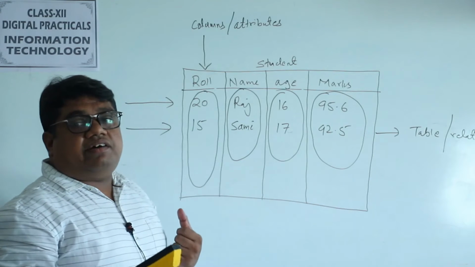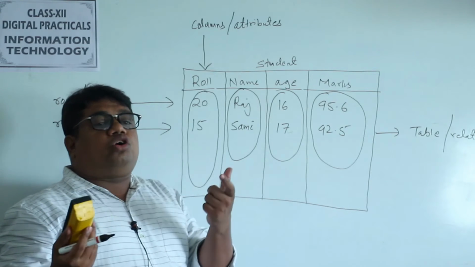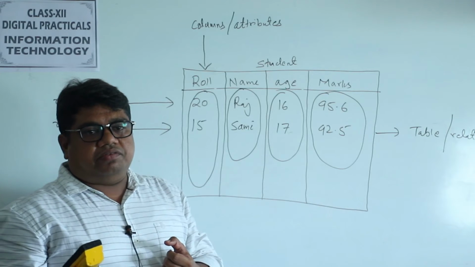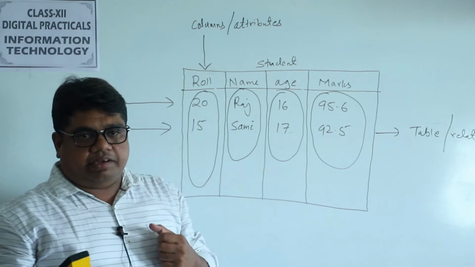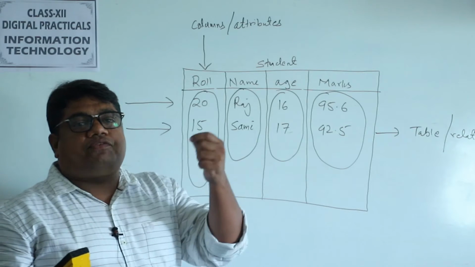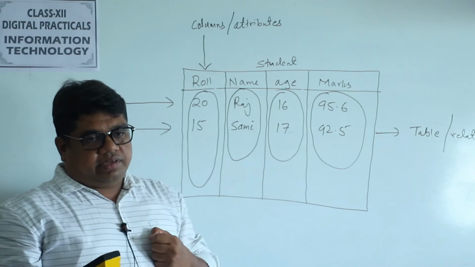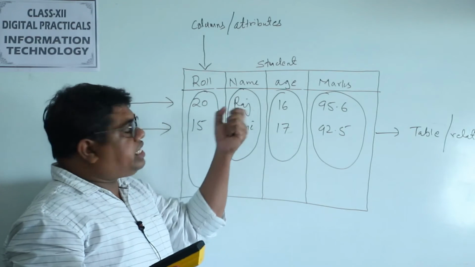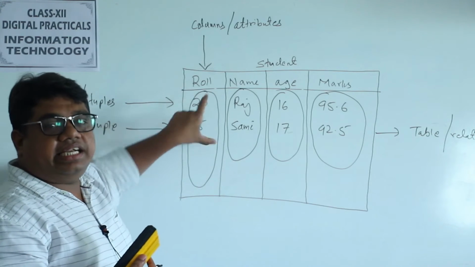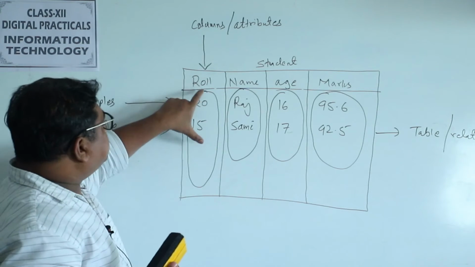You will be studying Java, and to store integer data, we used to declare an integer variable. To store decimal places data, we used to declare a float variable. Same, in SQL also, every column has a data type. And they are of the same data type.